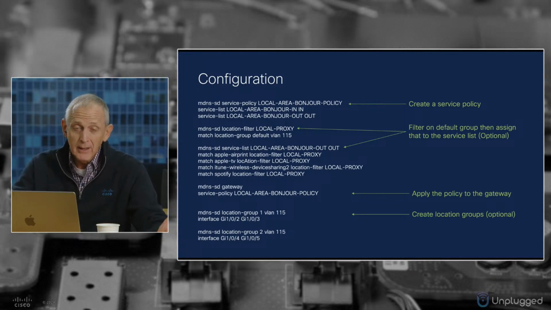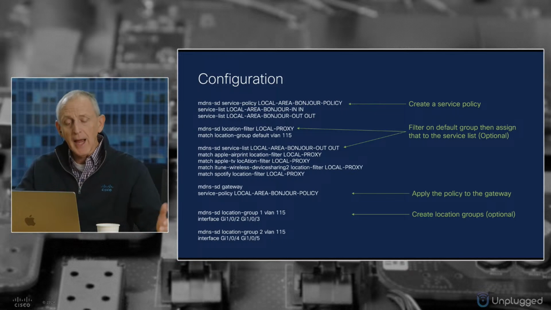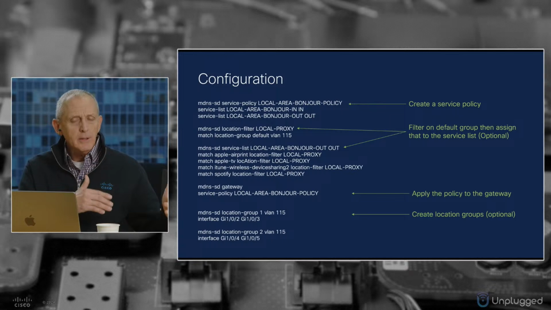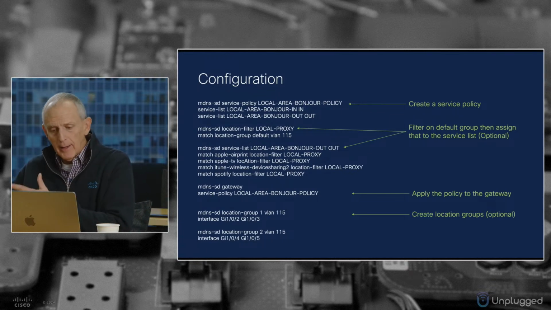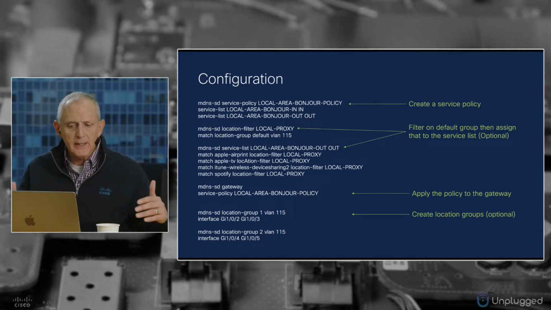Now, typically, I will only set up one switch and one VLAN. You'll see that when we look at the results. Typically, you would set up multiple VLANs here. This is how you can allow something you learn on VLAN 115, for example, to be advertised on VLAN 116. And then we'll look in a second here how we can constrict that down to the port level. But for example, I could say match Apple TV, but because I'm using this local proxy, it's applying to VLAN 114 and 115, right?